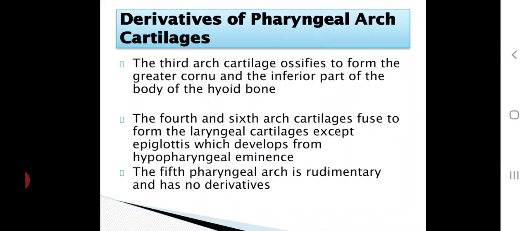The epiglottis, you should remember, will be derived from some other part, the hypobranchial eminence, that we will be dealing with in the development of the tongue. So the remaining cartilages of the larynx except epiglottis, what are the cartilages? Thyroid, cricoid. So that will be the main derivatives of the fourth arch and sixth arch cartilage.